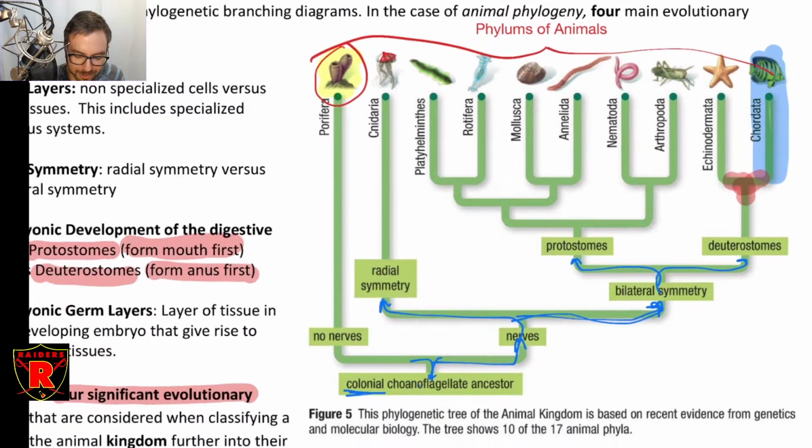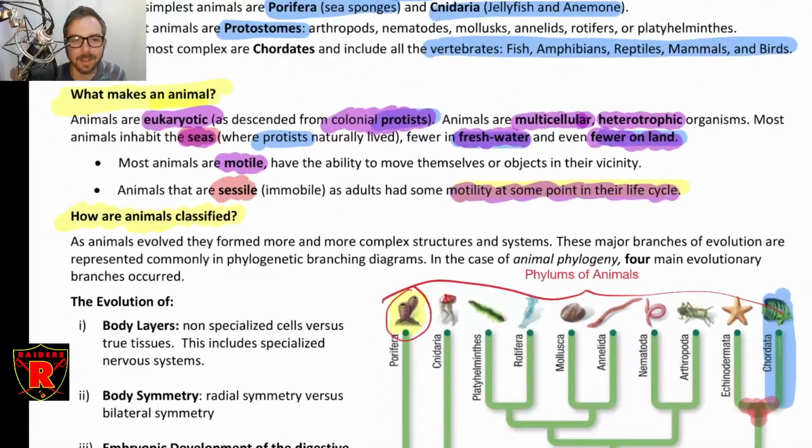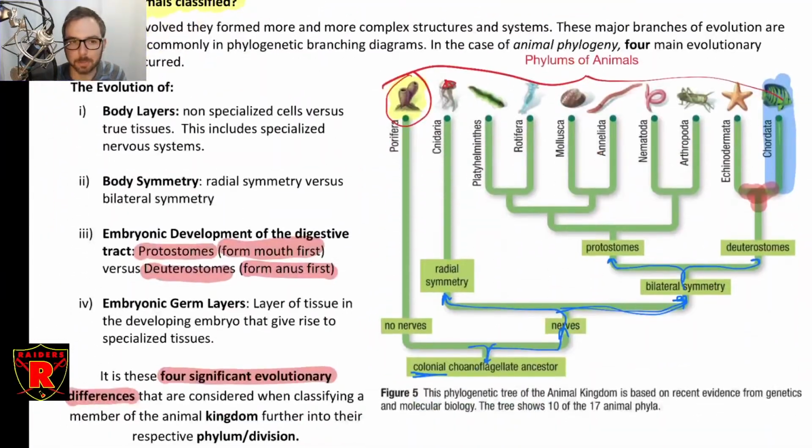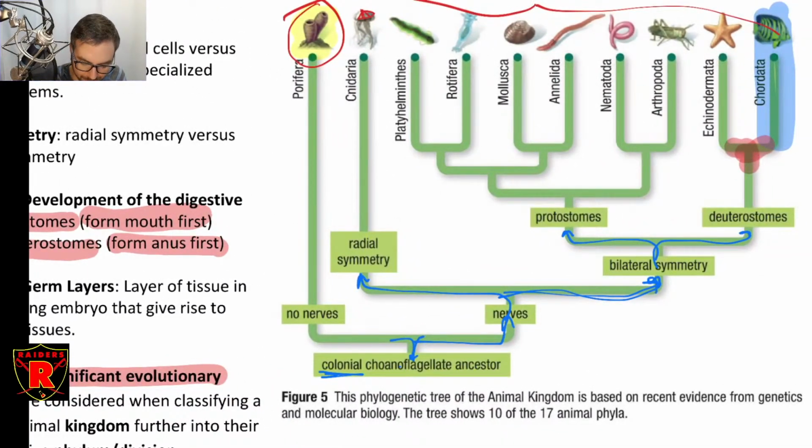Now, I should mention, and some people were asking about this yesterday in the Google Meet, we arbitrarily decide what is and is not an animal, right? We picked those characteristics, but based on the characteristics that I just mentioned above, sea sponges fit those. So you could call it a colonial protist. We could have cut them off and said, well, they have to be motile for their entire life cycle.